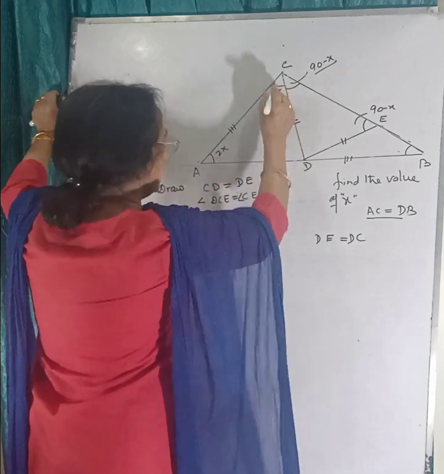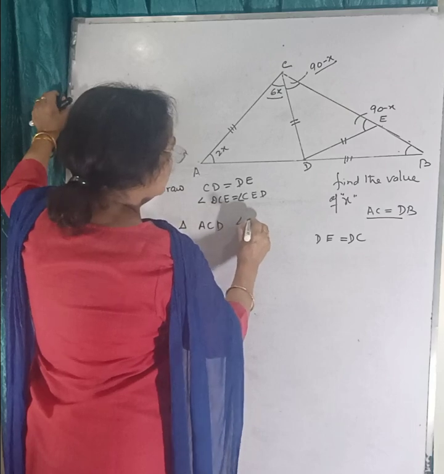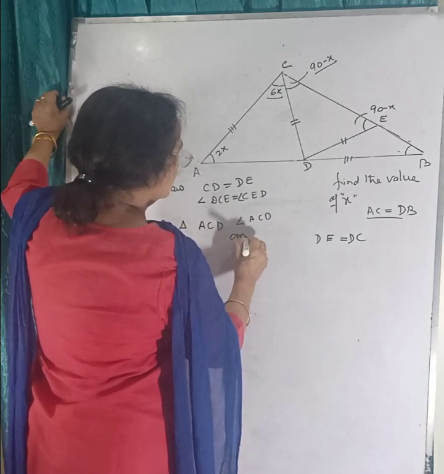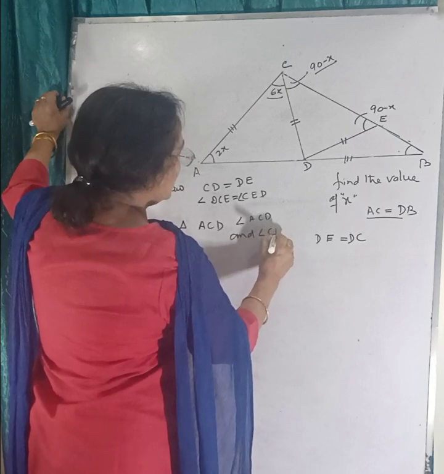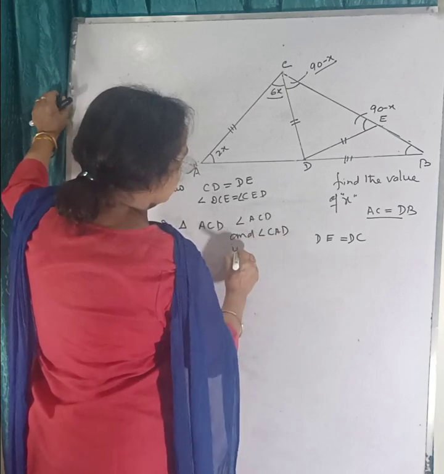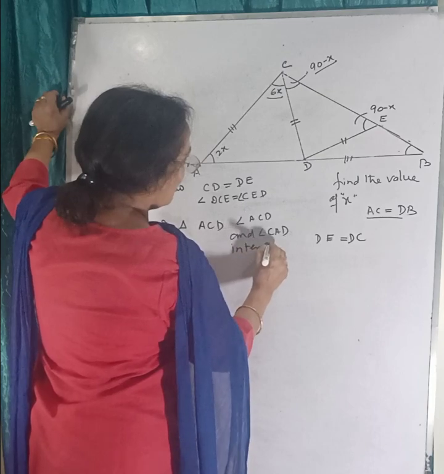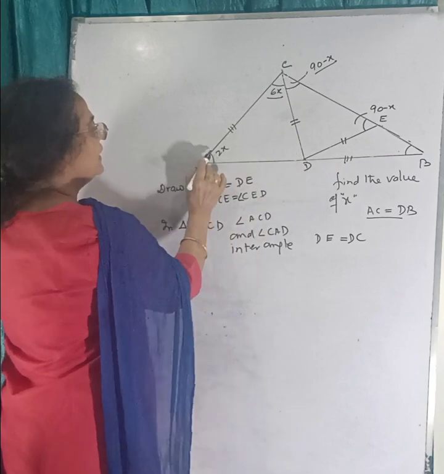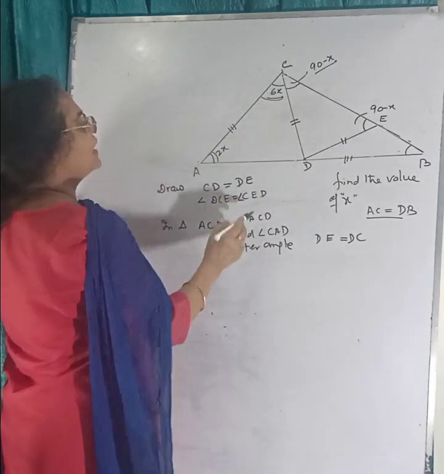These are the internal angles. Angle ACD and angle CAD are the internal angles of this triangle. ACD के this and this are the internal angles.